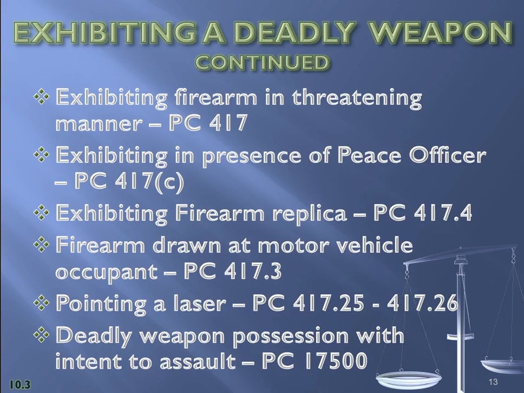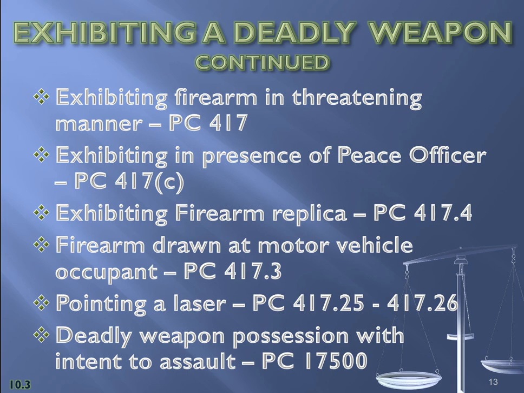So there are also other sections that fall under the different types of assault, and you can find those in your textbook starting, I believe, on page 161 and going to page 162. We talked about Penal Code 417, exhibiting a firearm in a threatening manner. And then there's 417C, which talks about doing the same thing in the presence of a police officer.